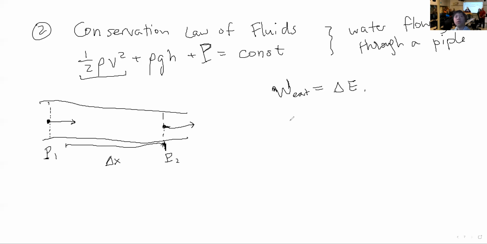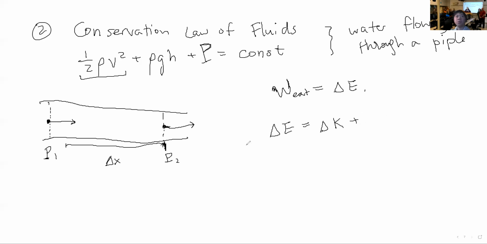Then we have to calculate delta E. So what is delta E? Delta E should be equal to the difference in kinetic energy, plus something else.